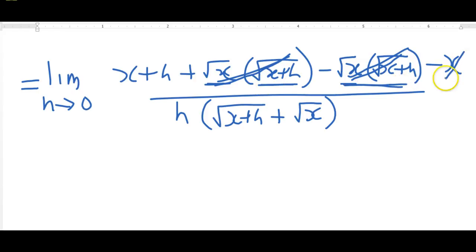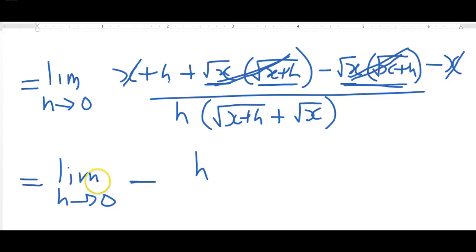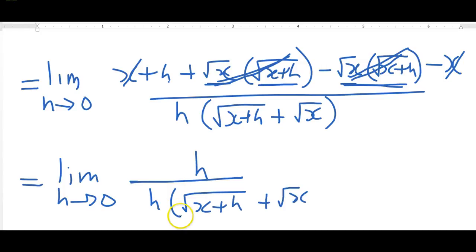And this x also dies with this, leaving us with only h, which means that our limit as h approaches 0 is going to be leaving us with h on top over h into bracket square root of x plus h plus root of x, right? So that's what's going to be left. And here again, this h can cancel with this because this is multiplying, leaving us with the denominator alone.